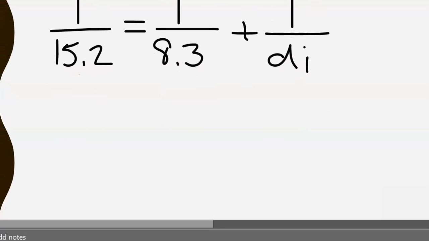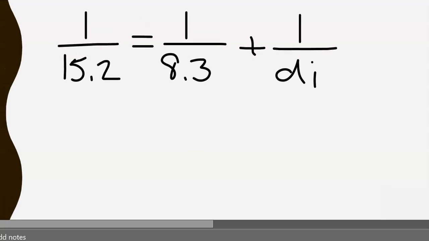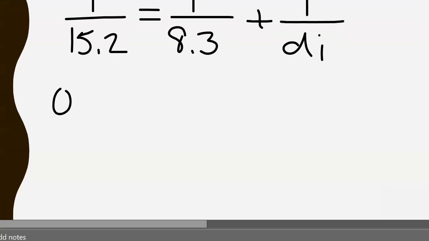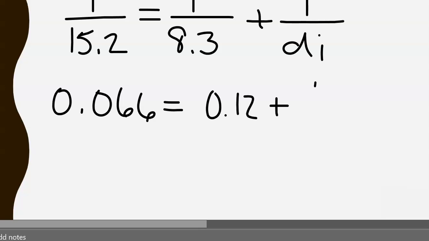Okay, plug that into your calculator. You should get 1 over 15.2 is 0.066, which is equal to 1 over 8.3, which is 0.12, plus 1 over DI.